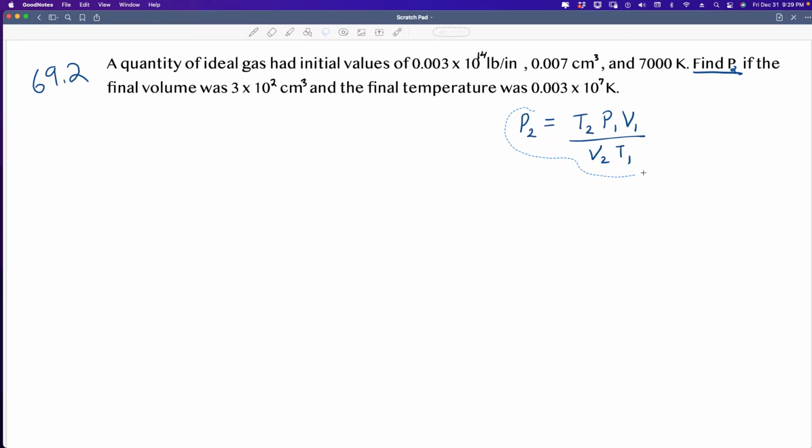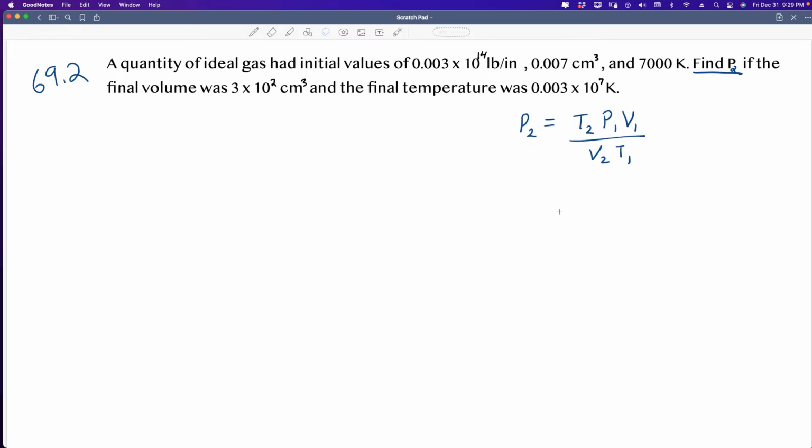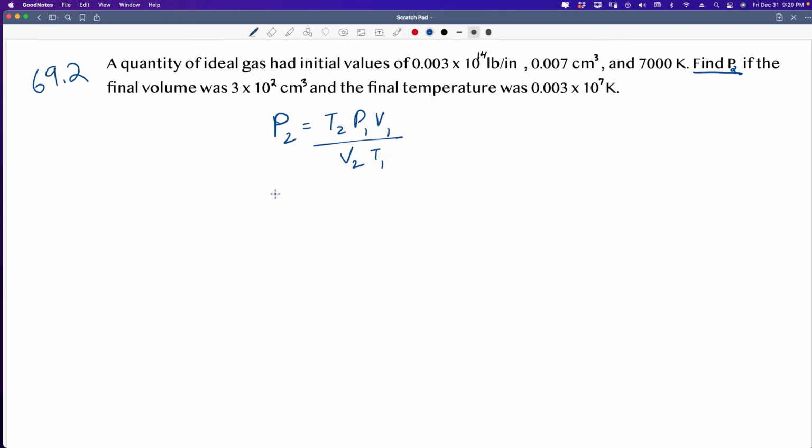Let me see if I can just grab this. Nope, it's not going to let me. All right, well, I'm just going to rewrite it then. P2 is equal to T2, P1, V1 over V2, T1. All right, and then I can erase this out of the way. That works.